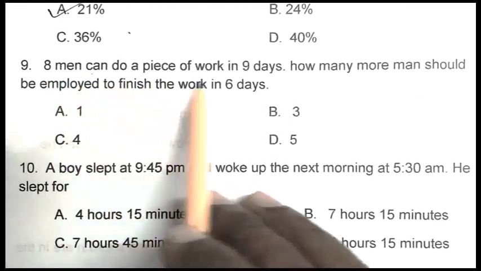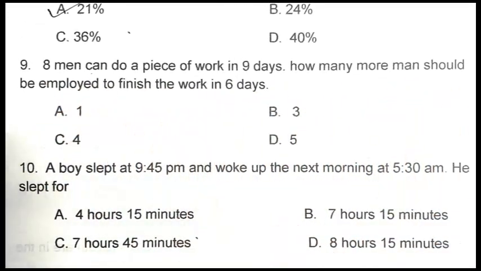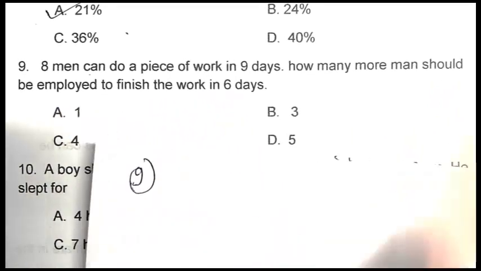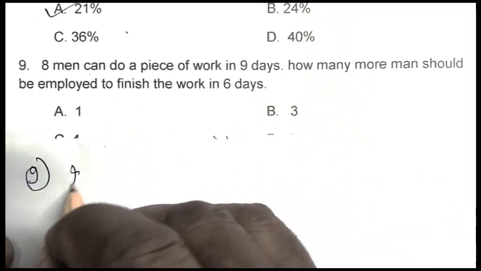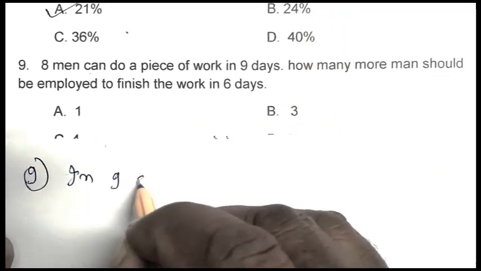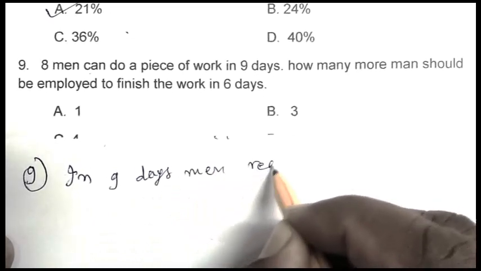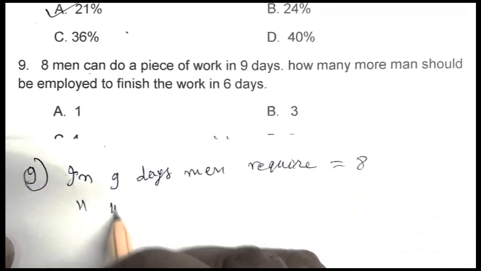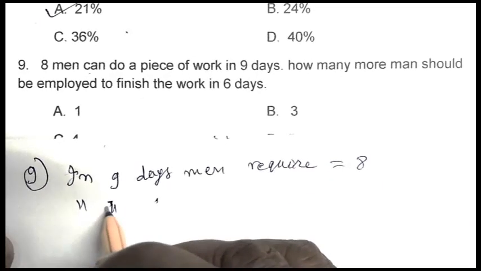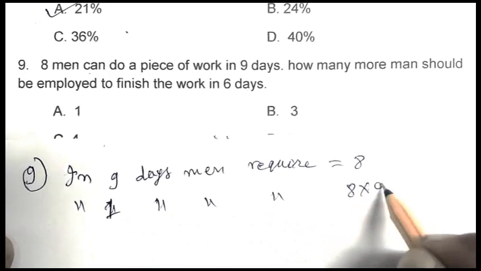Question number 9. 8 men can do a piece of work in 9 days. How many more men should be employed to finish the work in 6 days? Simply by the unitary method, in 9 days 8 men are required. In 1 day, 8 into 9 men are required.